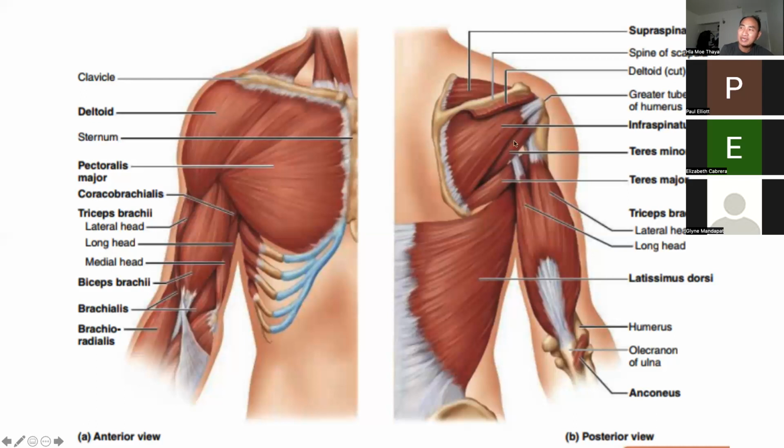And teres minor and infraspinatus, they work together for external rotation of the arm. And we can see the teres major, which goes to the proximal humerus. The job is to aid adduction of the arm. Latissimus, large, broad, flat, dorsi in the back, latissimus dorsi muscle here. And that's what we can see.